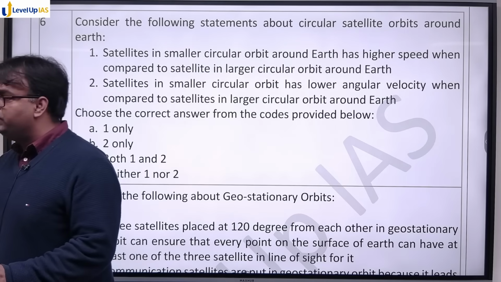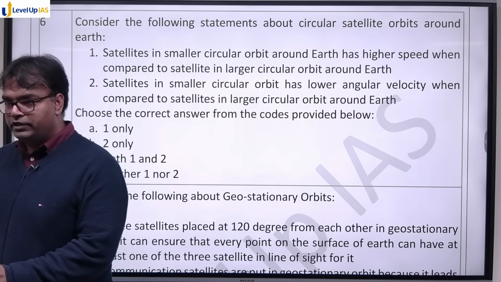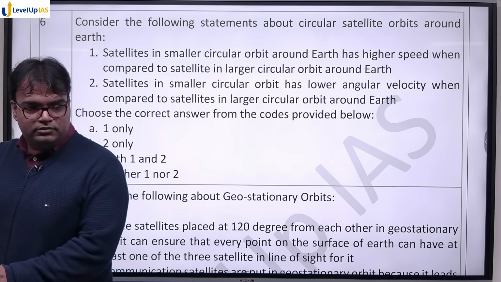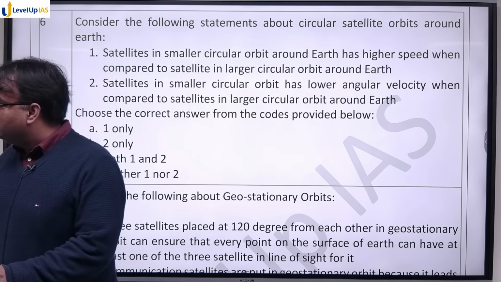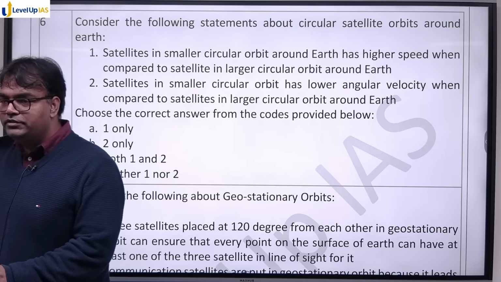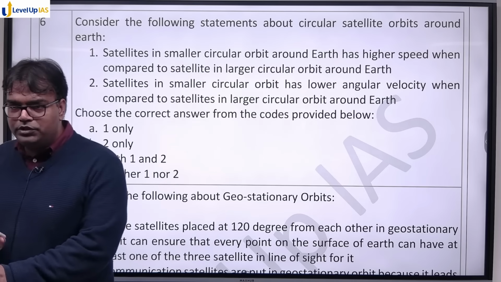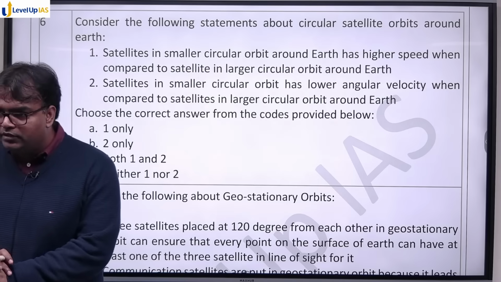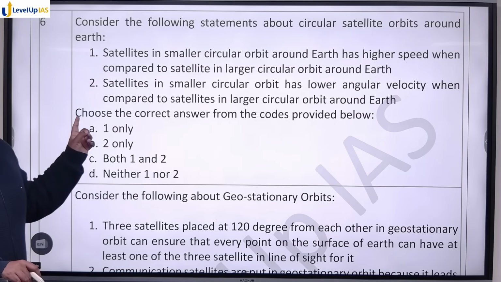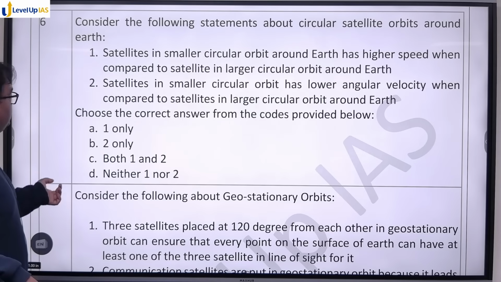Angle traveled per unit time. That is angular velocity. No, I'm not talking about angular momentum where all other aspects would be considered. Right? Maths optional people. Am I right? यहाँ कुछ गलत बताया क्या? नहीं पक्का? So what was the answer here? A. Question number 6. Answer is A.